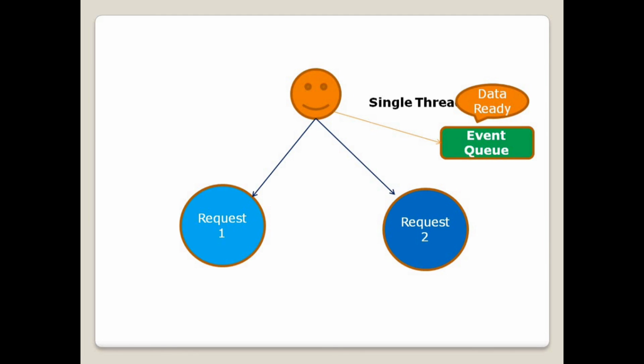So if there is request 1, it will wait for the request 1 calculation to be done, then move to request 2. So it is not advisable to use Node.js in those types of applications. It is meant for real-time applications and those that use disk or network heavily. So this is how Node.js works.